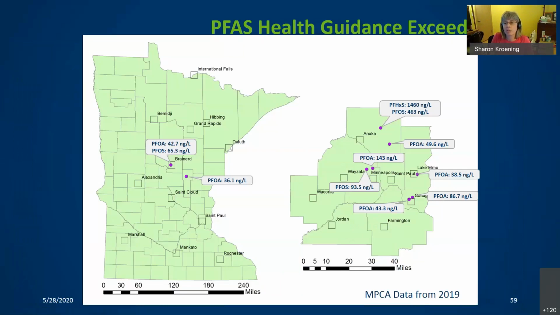These were all in shallow monitoring wells that intersected the water table. As you can see, these wells aren't just located in the East Metro area where we know we have regional PFAS contamination, but are also in other primarily urban settings across the state.